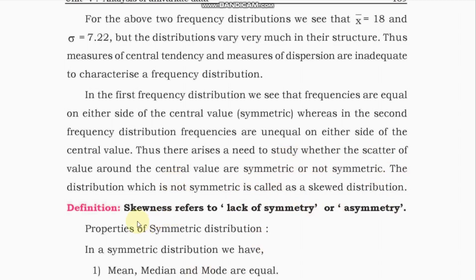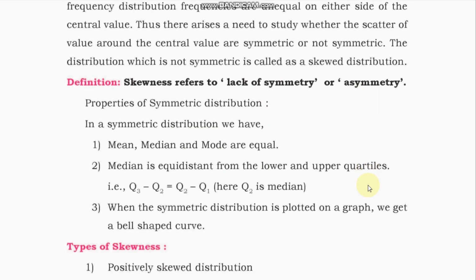Then what is skewness? Skewness refers to the lack of symmetry or asymmetry. So if a distribution lacks proper distribution of the frequencies, then such a distribution will be called a skewed distribution. The study of that skewness or lack of symmetry is called skewness. So when will you say that a distribution is a symmetric distribution?